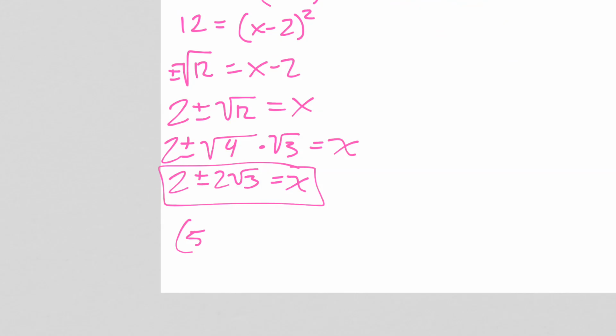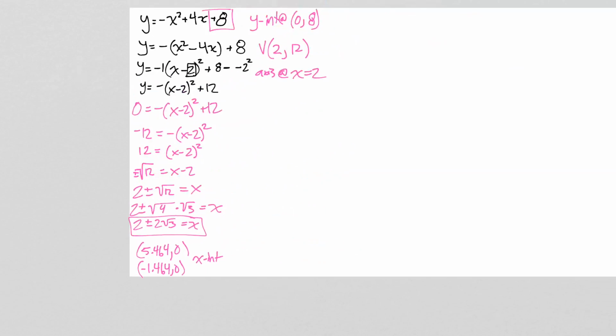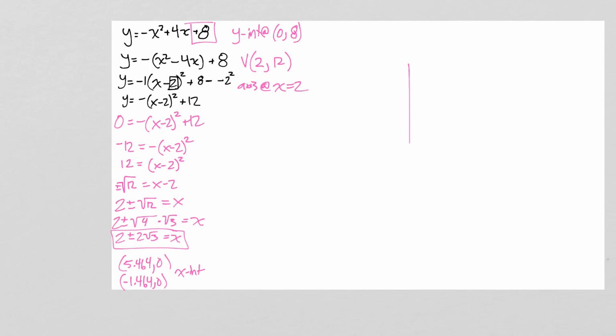So I have an x-intercept at (5.464, 0), and then 2 minus 2 root 3 should give you negative 1.464, comma 0. So those are my two x-intercepts, and now I can sketch my graph.